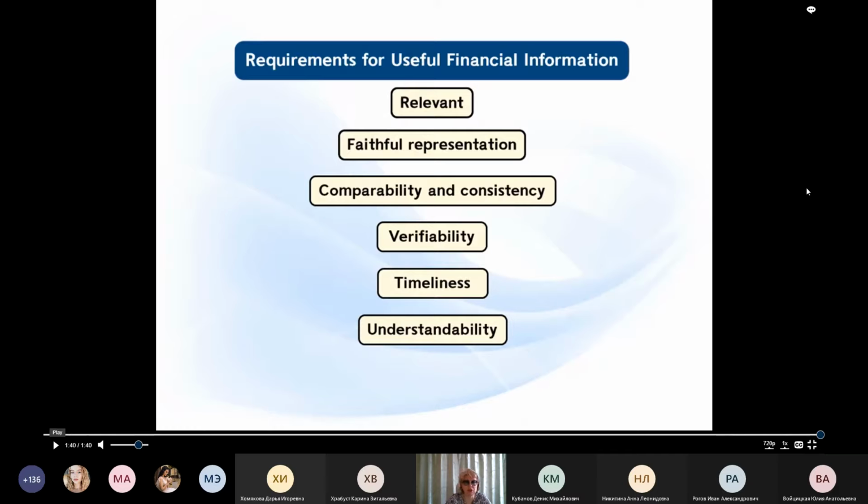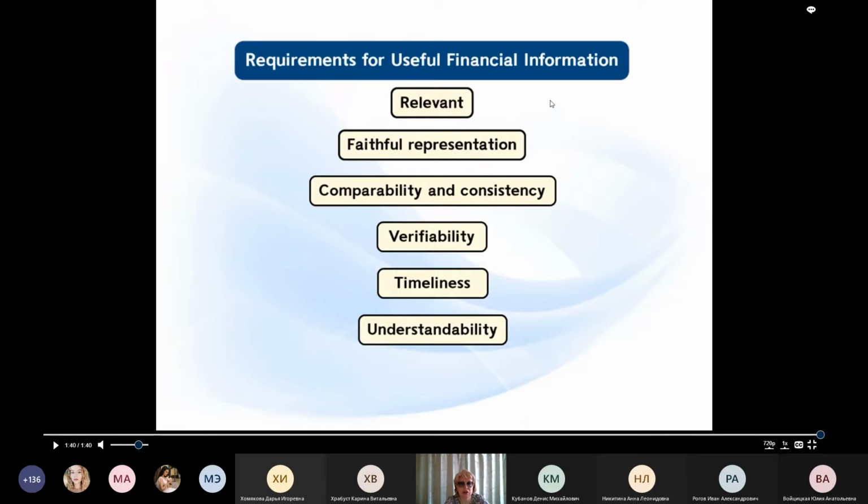It's also very important. And the main principles are the following. Information should be relevant, faithful, comparable, timely, understandable, and verifiable. So these are all the principles about the main requirements.